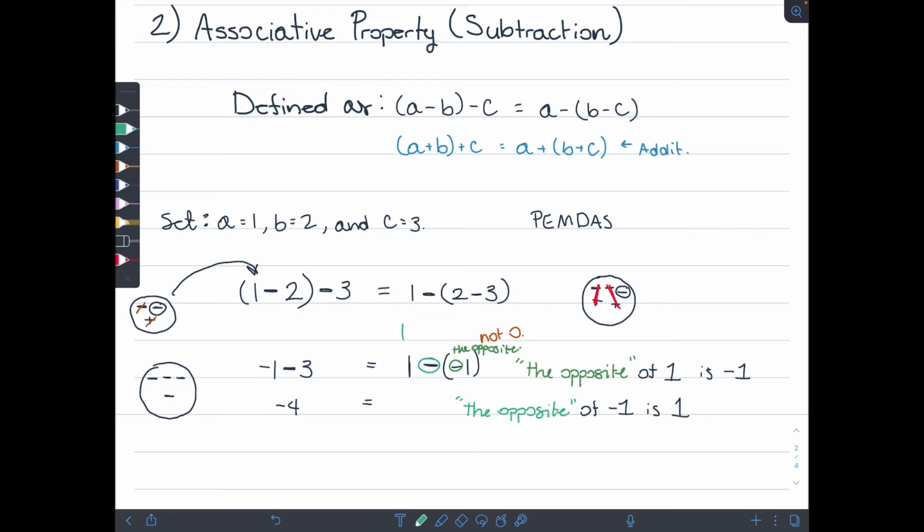So really, this is just 1 plus 1, and that gives me 2. Put down here. Clearly, negative 4 does not equal 2. Therefore, this is not true.